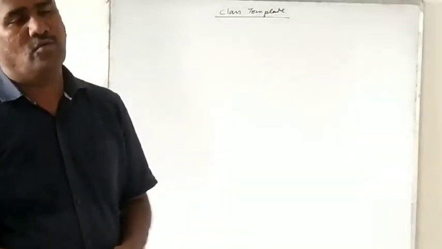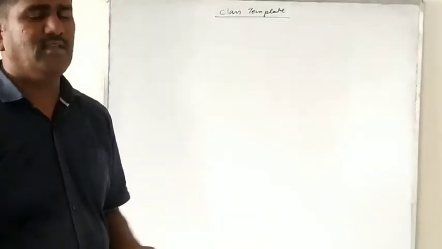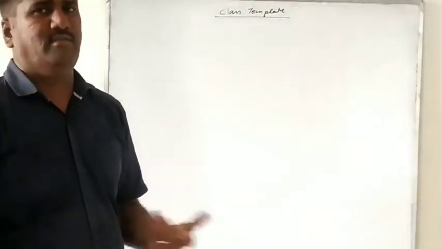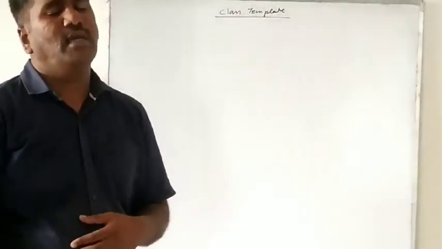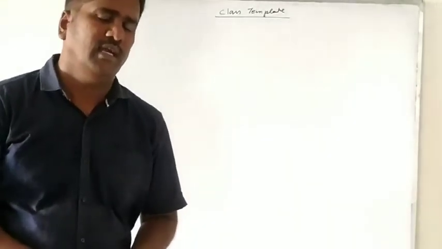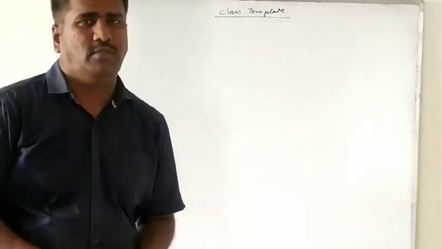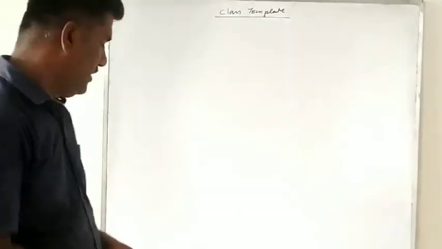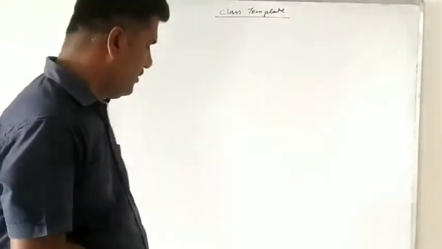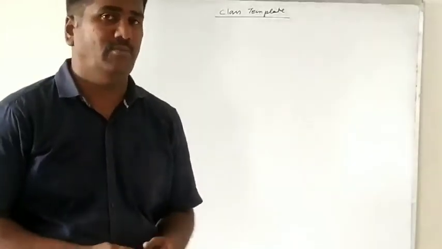Suppose I want to create an integer object, so the class acts as an integer variable. At the same time, suppose I create a float object, the generic class acts as a float. So let us see one example to discuss how to create the class template.